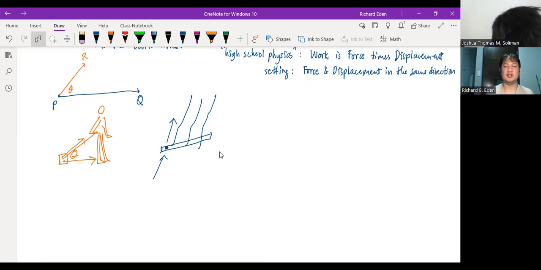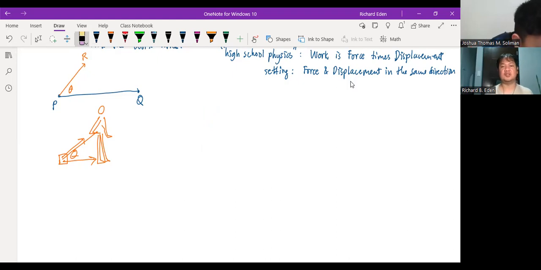Imagine the tube is a screen mesh, so that the water is able to flow through the mesh, and as the water moves through the water current, this object is going to be pushed eventually along the tube along a displacement represented by the displacement vector, and the force and the displacement vector are not parallel to each other. All right, so that's already two such situations.